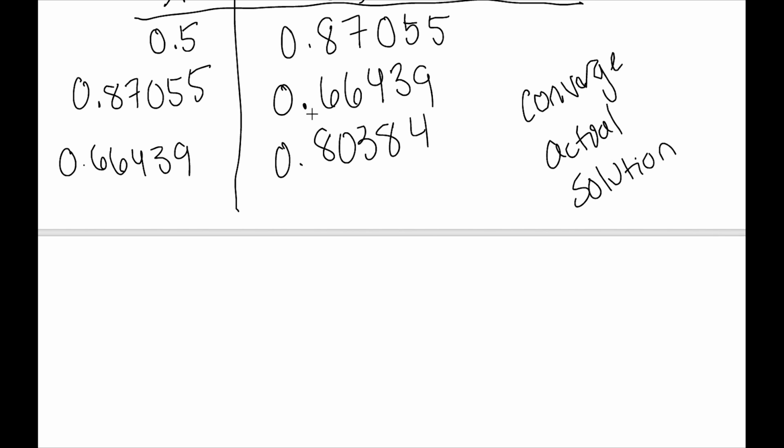Now, 0.87 and 0.66 are totally different. So are 0.66 and 0.80. So you have to keep going. That's why storing it in your calculator is so helpful. So I'm plugging this in.